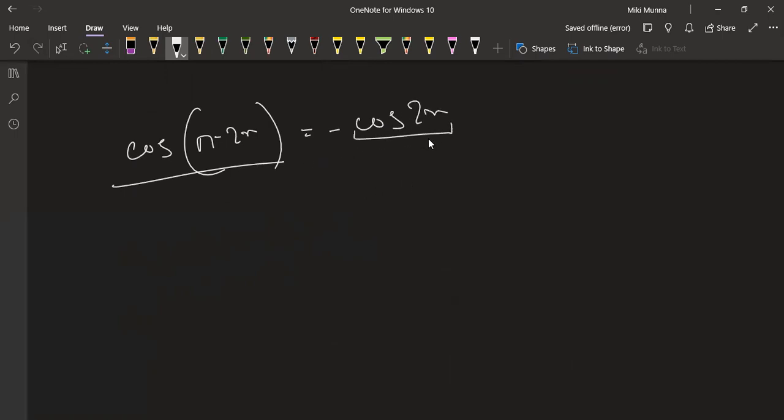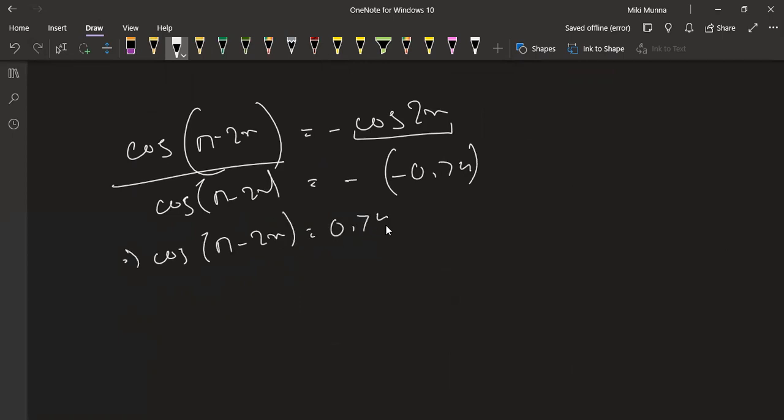Now in place of cos 2x, we substitute the value, which is minus 0.74. If we break the bracket, the negative sign goes, and we are left with cos pi minus 2x equals 0.74.